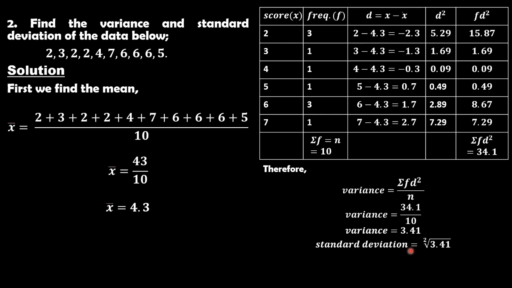And we said to calculate the standard deviation, what you need to do is take the square root of the variance. So we take the square root of the variance, and the answer to that is 1.8466.